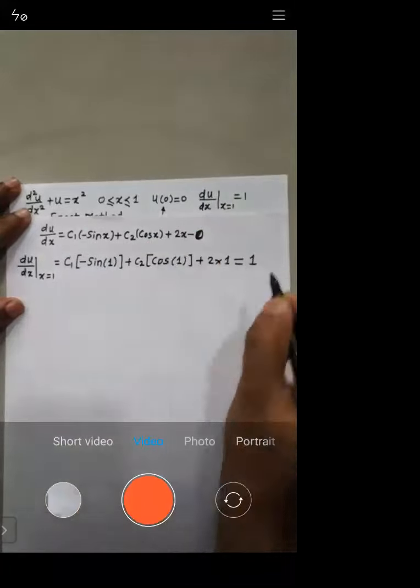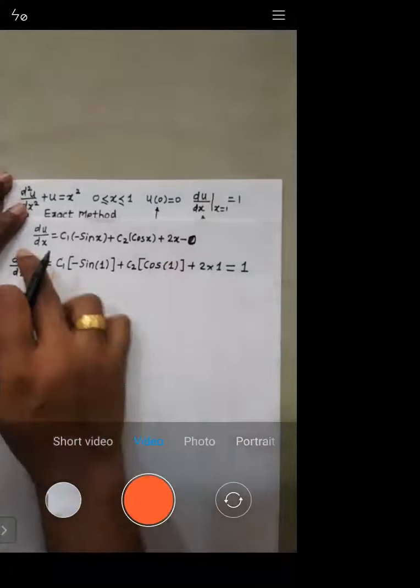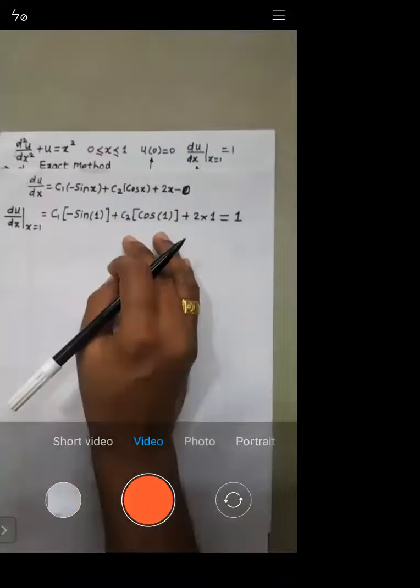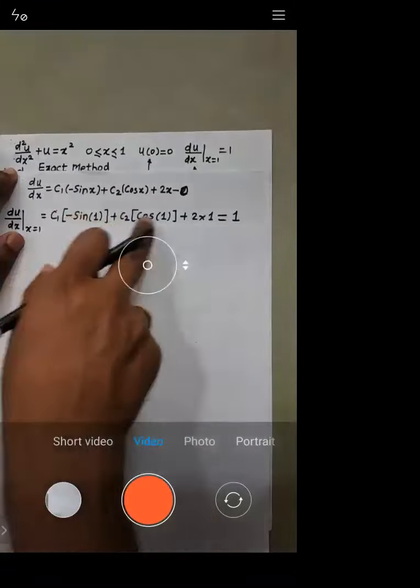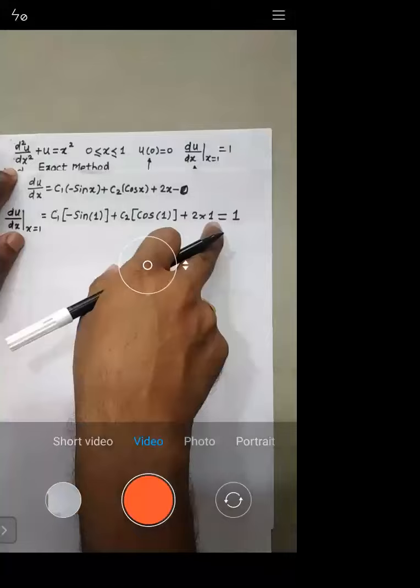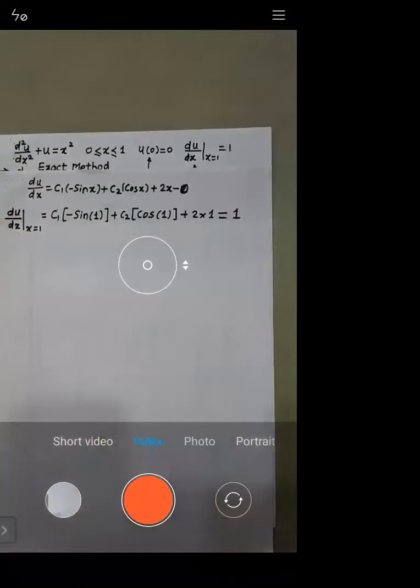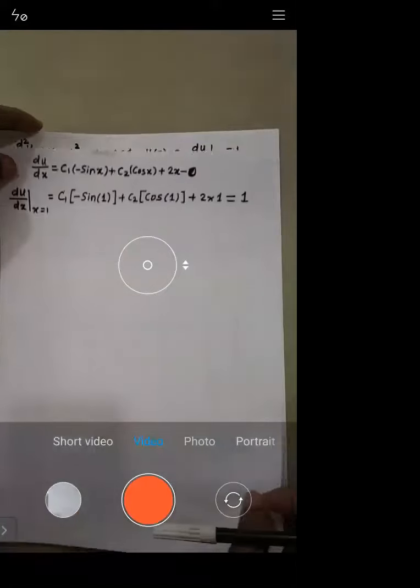Is it okay? Have you understood this one? Let me know.